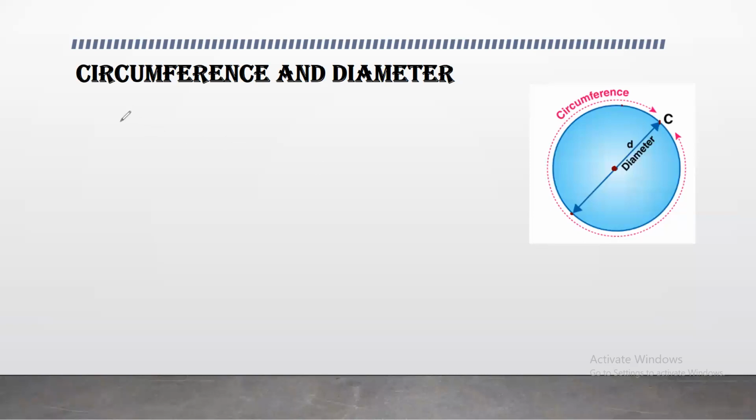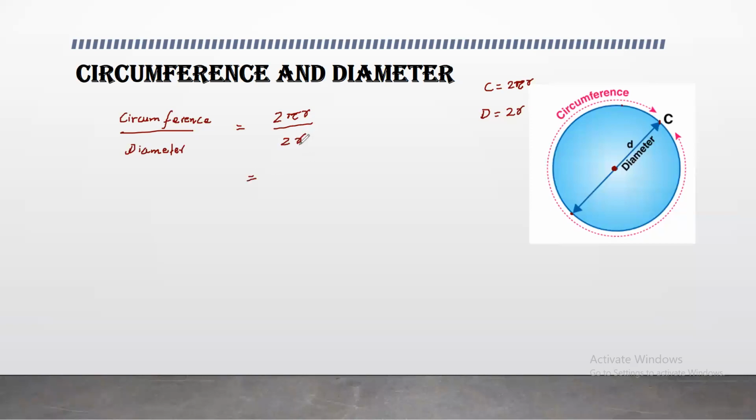So we can say circumference divided by diameter, and we know that the circumference of a circle is equal to 2 pi r, and the diameter is double the radius, so we write 2r. So exactly, I will write the same thing, 2 pi r over 2r.